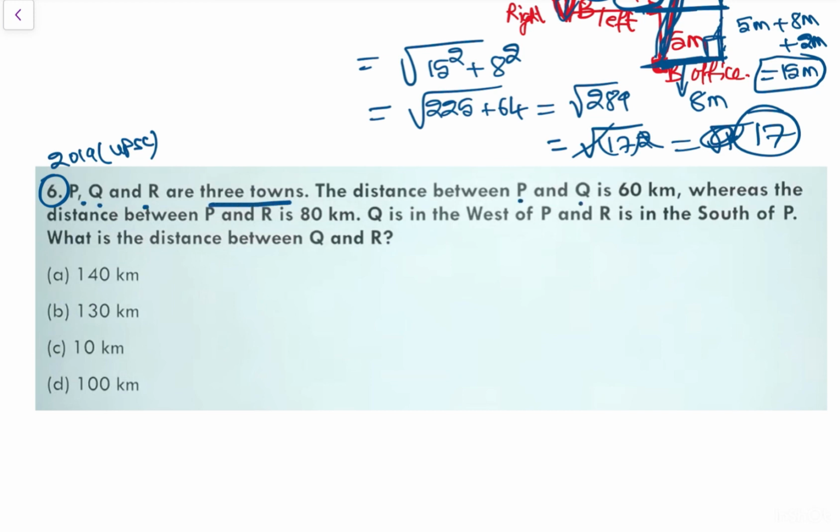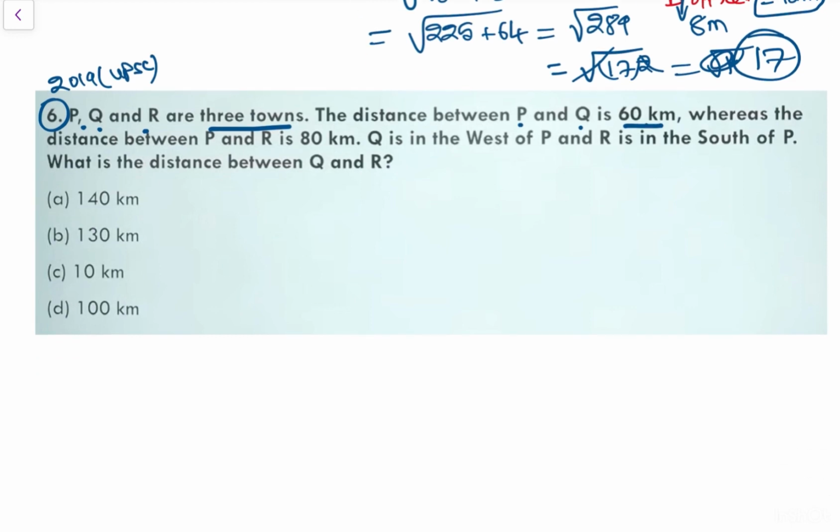The distance between P and Q is 60 kilometers, whereas the distance between P and R is 80 kilometers. Q is in the west of P and R is in the south of P.